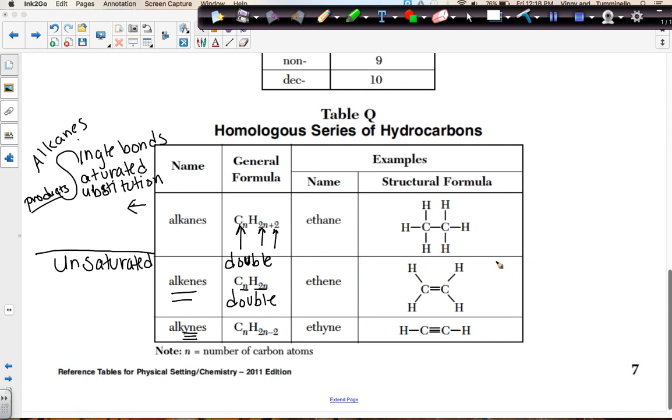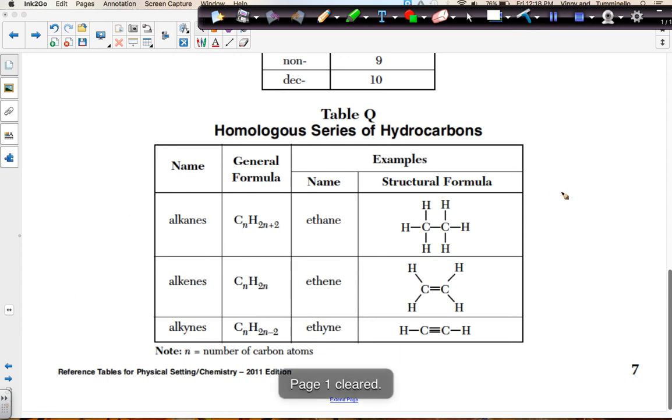So if you see, for alkenes, C2H4, C3H6, C4H8, it doubles when you go from carbon to hydrogen. You know you have a double bond, and if it's less than double, it's most likely going to be an alkyne. Alkynes, remember, each have a triple bond, 1 triple bond.